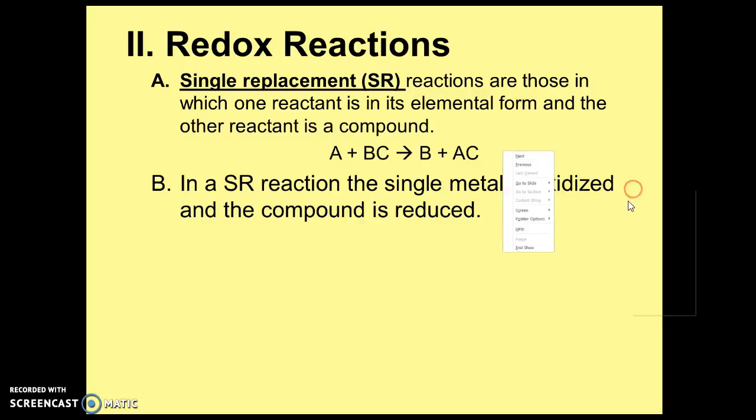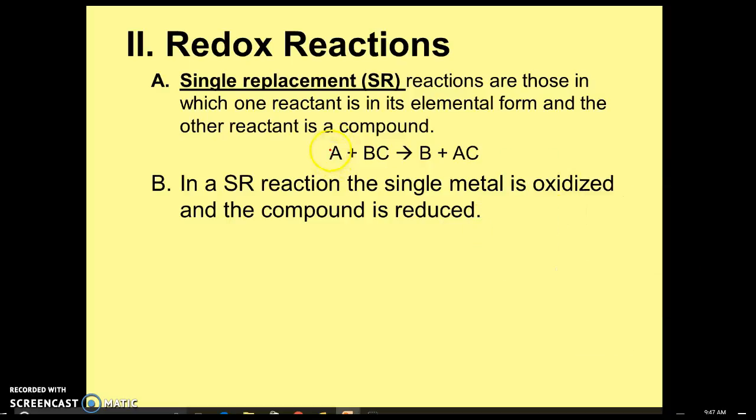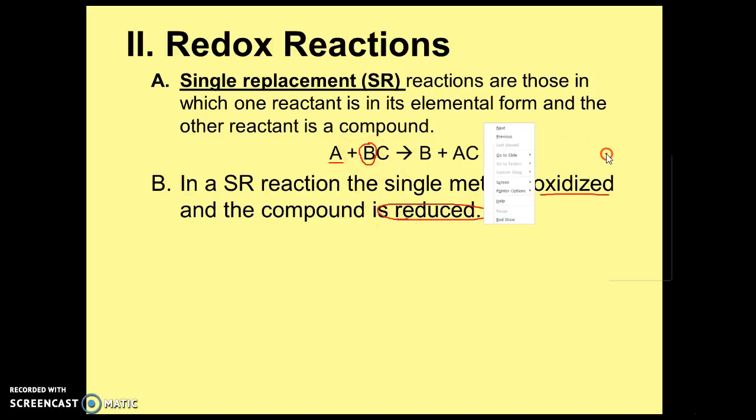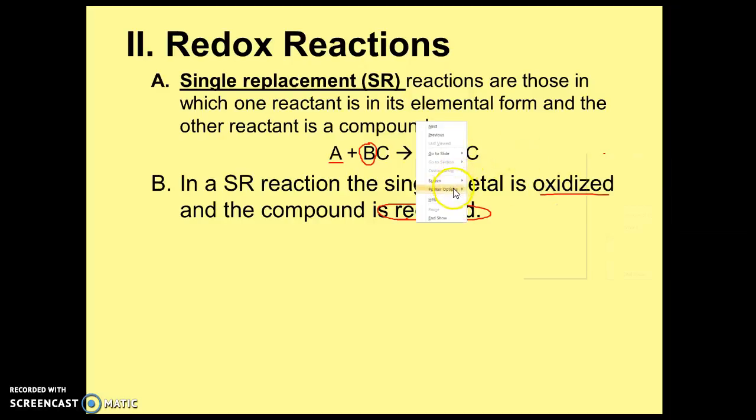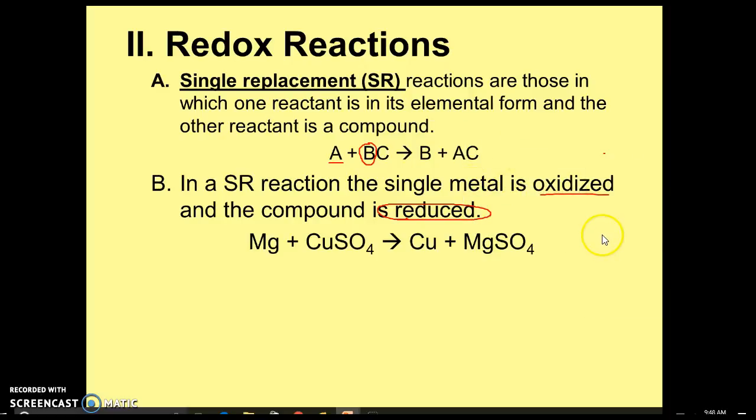That means A is going to be oxidized and B is going to end up being reduced. Again, we use oxidation numbers to determine why that's happening or who that's happening to.